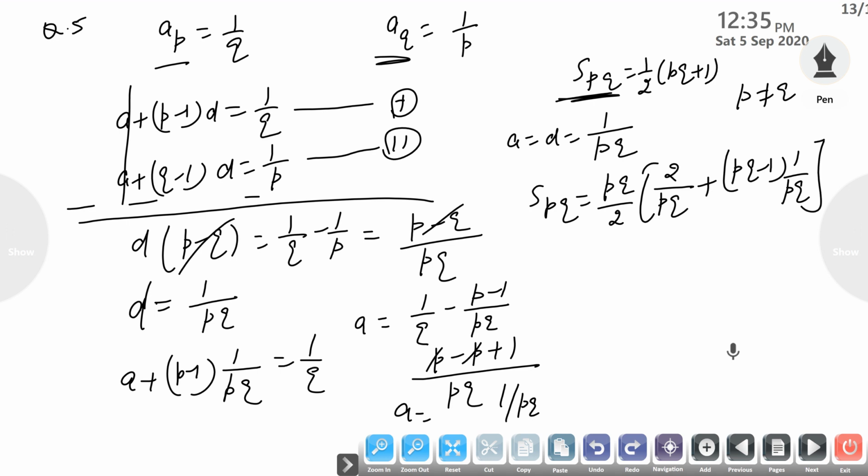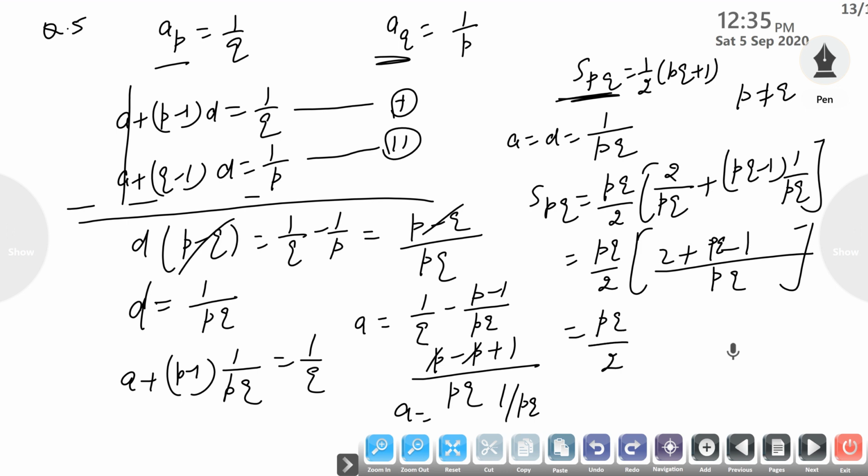Solving these, we get pq by 2, and taking LCM as pq, we get 2 plus pq minus 1, this is pq by 2 into 1 plus pq upon pq.